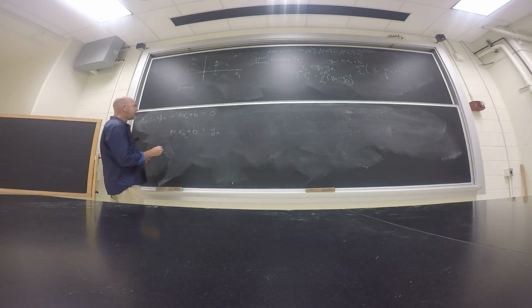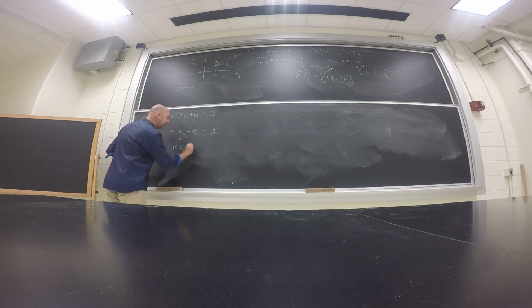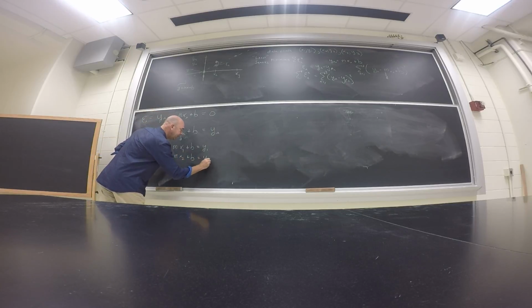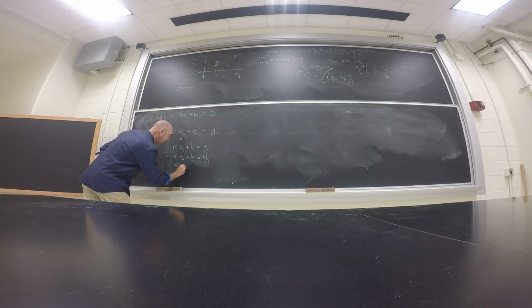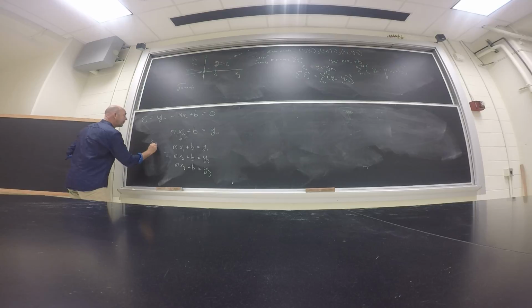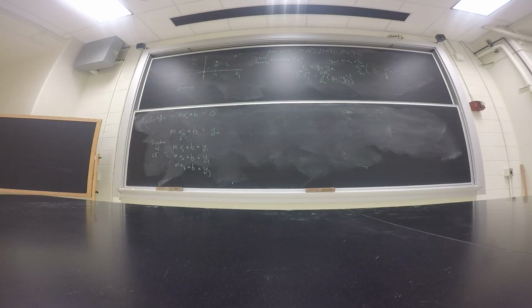All right. So this is true if we have 3 points, we have 3 equations. m x1 plus b equals y1, m x2 plus b equals y2, m x3 plus b equals y3. This is a system of linear equations. And we can write this then in matrix form.